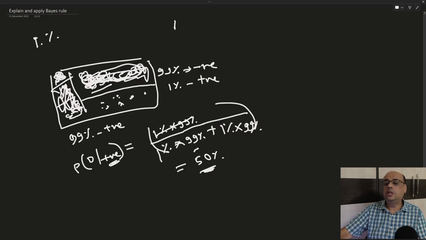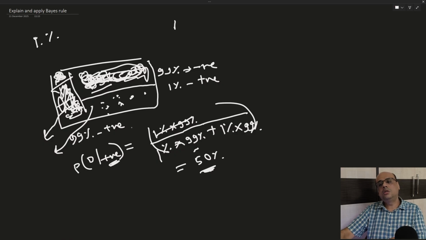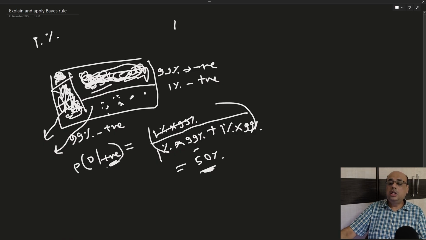We are only considering one is this portion and another is this portion. So this by this plus this is 50%. That is how we calculate the probability of a hypothesis given an event. So here, what was our hypothesis? The hypothesis was the person is diseased, and the event that we know is that the test is positive.